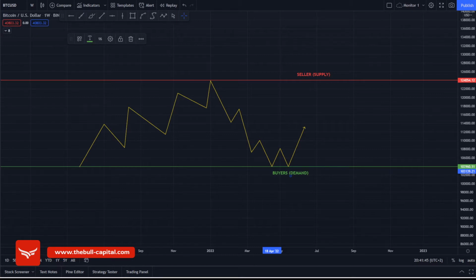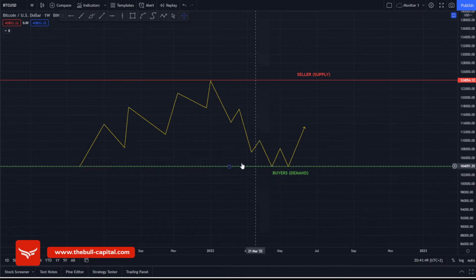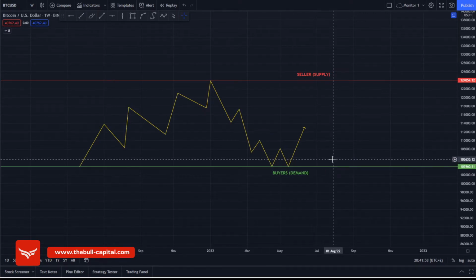Now one more thing. You might think that the more a support gets tested, the stronger it becomes. That's false. More likely it's going to break down.